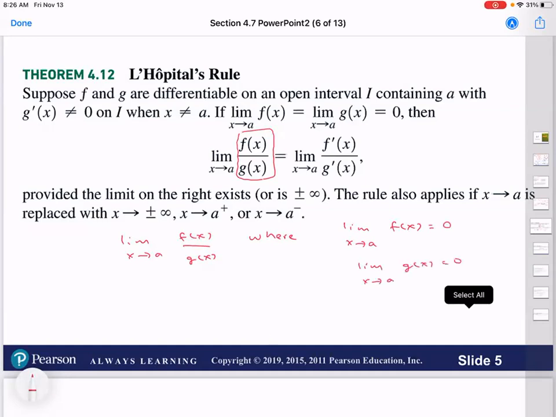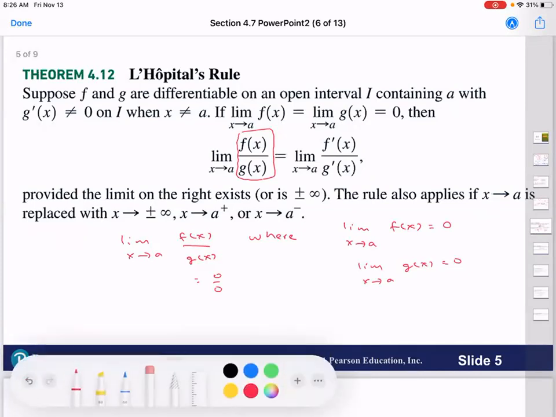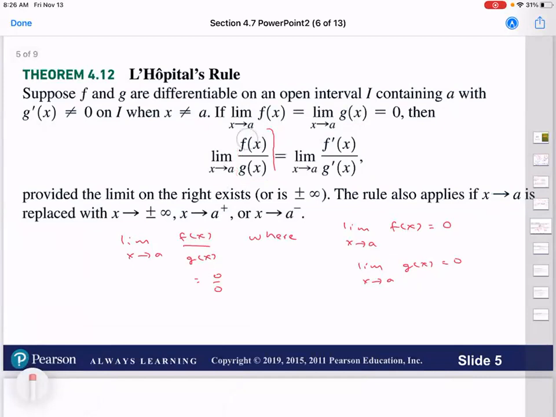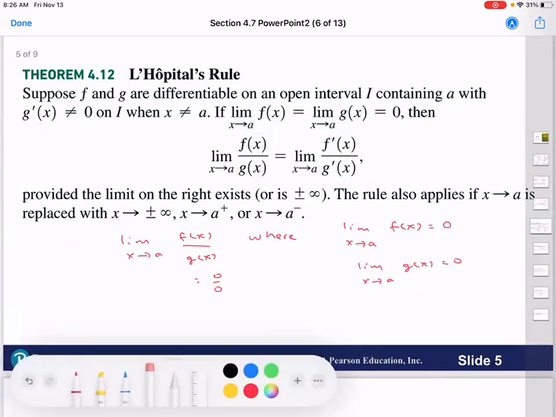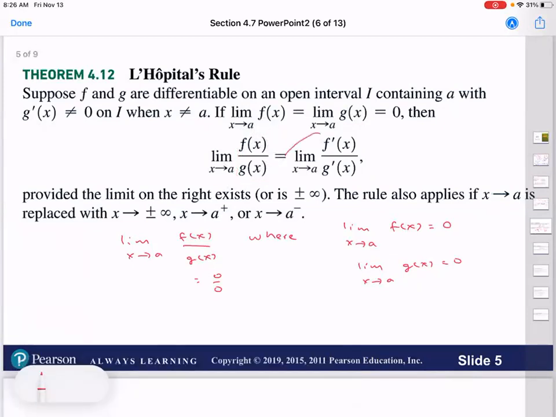So we have a 0 over 0 condition here, an indeterminate form. If that happens, then the limit of f(x) over g(x) as x approaches a is the same as the limit of the derivative of f(x) divided by the derivative of g(x).